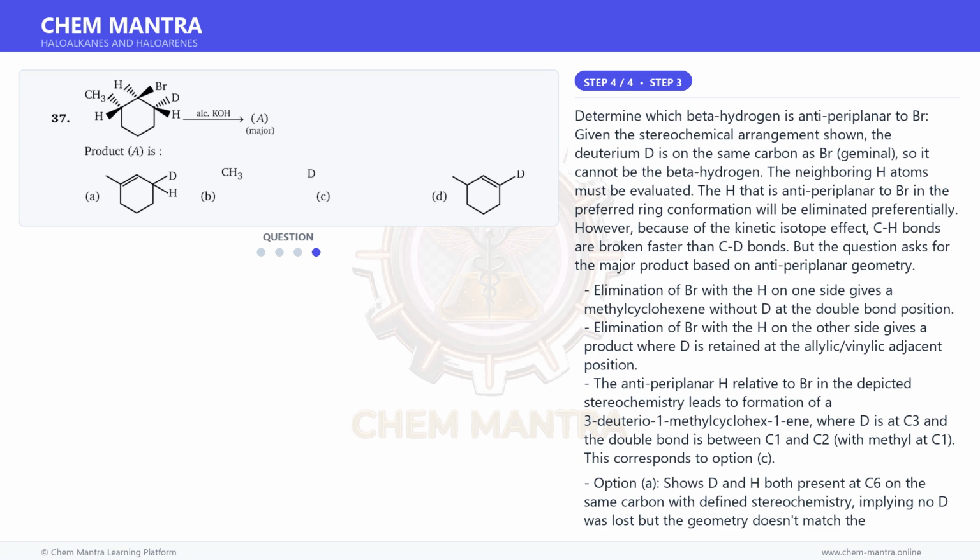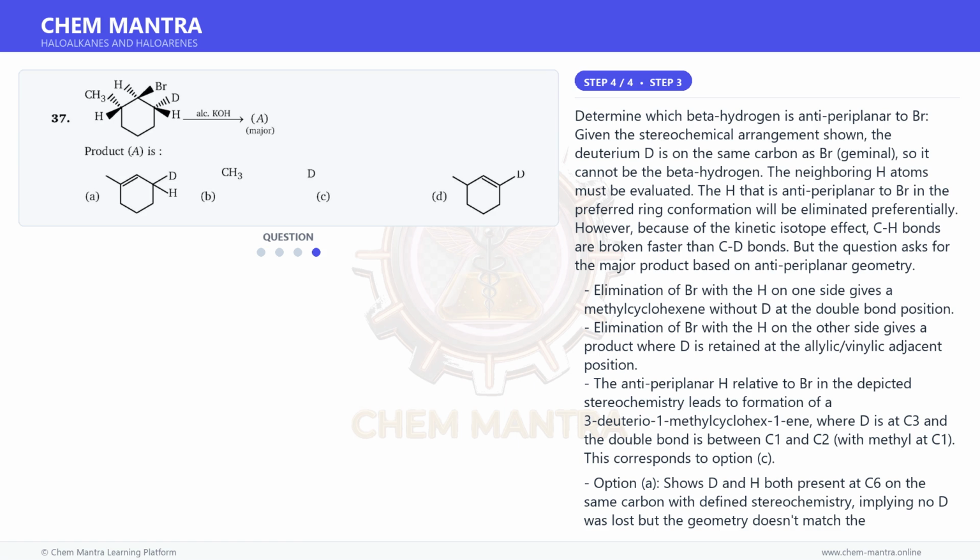Option A shows D and H both present at C6 on the same carbon with defined stereochemistry, implying no D was lost, but the geometry doesn't match the anti-periplanar elimination product. Option B shows no deuterium in the product, meaning D was eliminated along with Br.